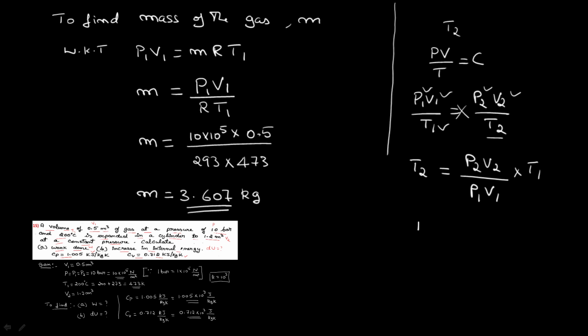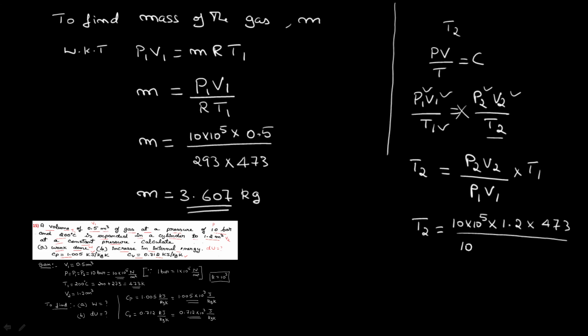So let me substitute the values. T2 is equal to, here P1 and P2 values are the same. Let me not confuse you, I will write down the values. 10 into 10 to the power of 5 multiplied by the final volume, 1.2, multiplied by the initial temperature 473, whole divided by P1.